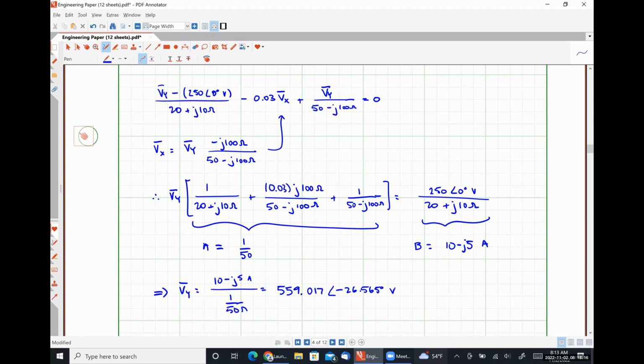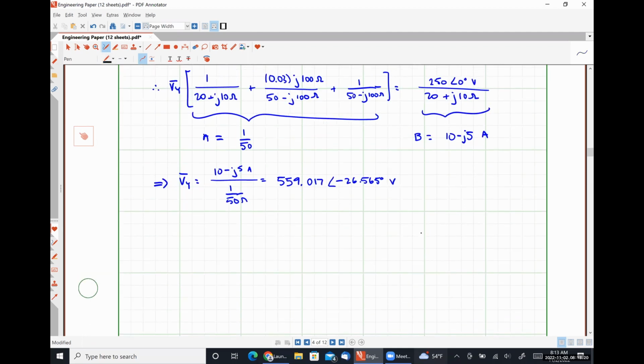From this, our Thevenin voltage is the exact same thing as our voltage Vx. So that is simply Vy times minus j100 ohms over 50 minus j100 ohms.